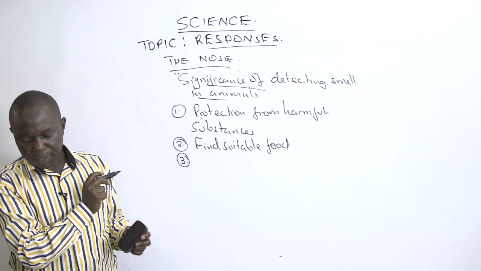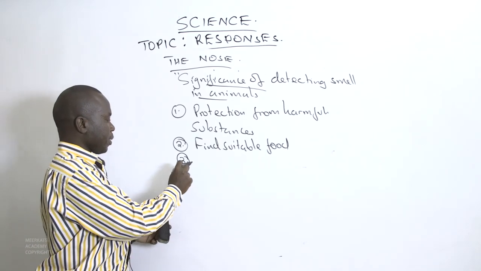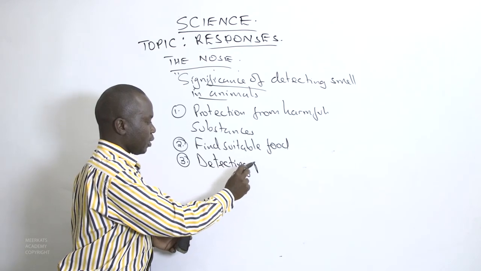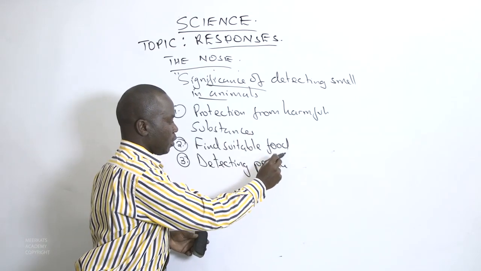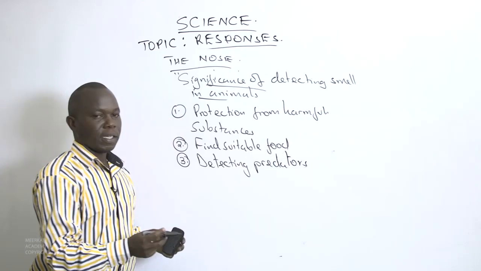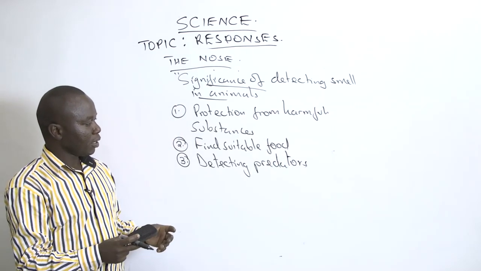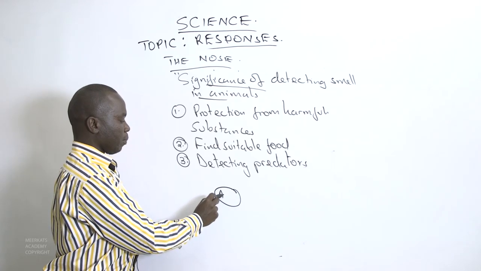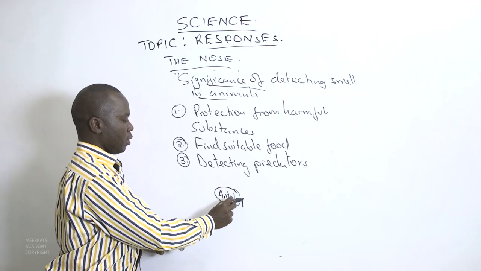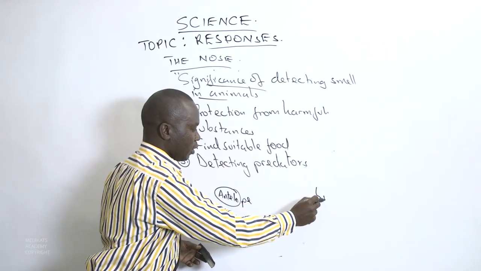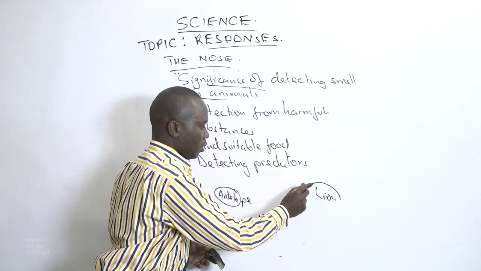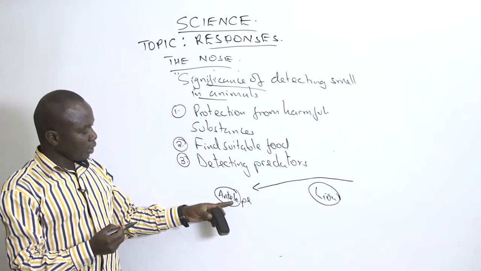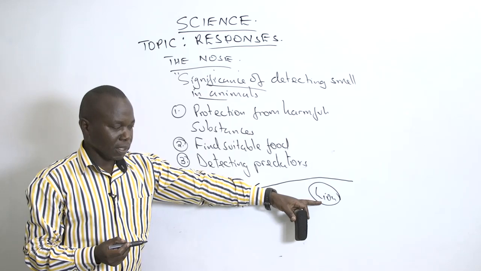And then another one, detecting predators. This is very useful again in the jungle or in the wild. If we have an antelope at that point, and a lion in this direction, and the wind is coming in this direction, the antelope can detect that there is a predator there.